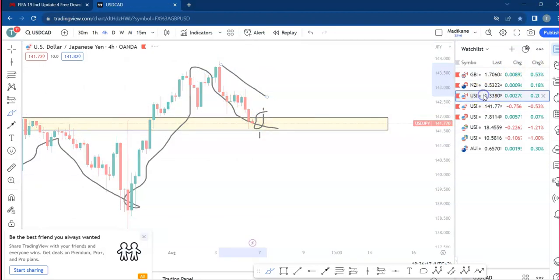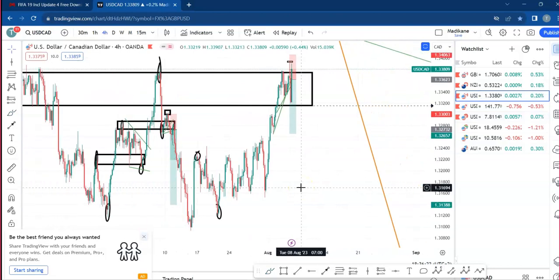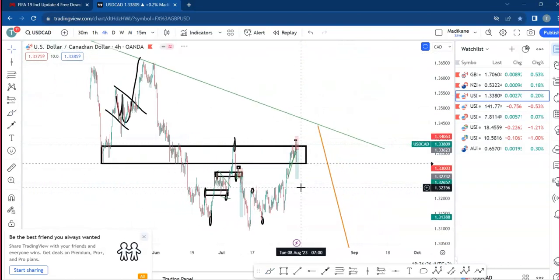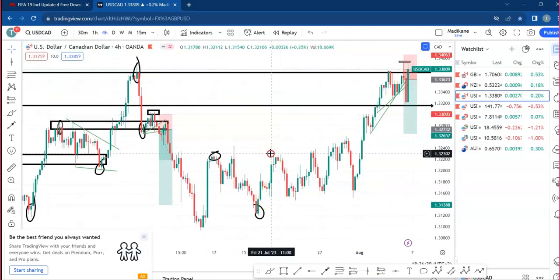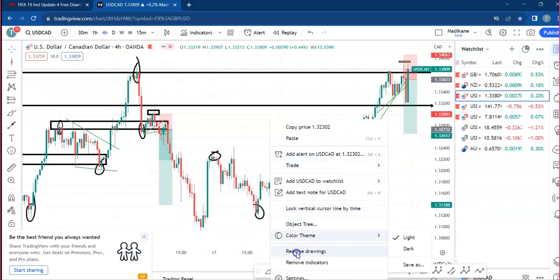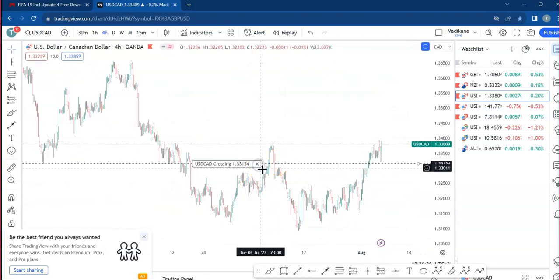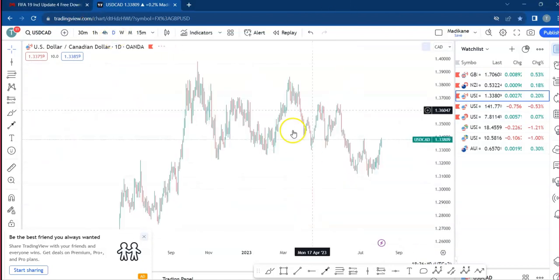Let me go to another one. So here I just entered for a sell. Okay, there you go. This is the trade that I took last week, Friday, right? Let me just remove this. So I'm going to go to my daily time frame.